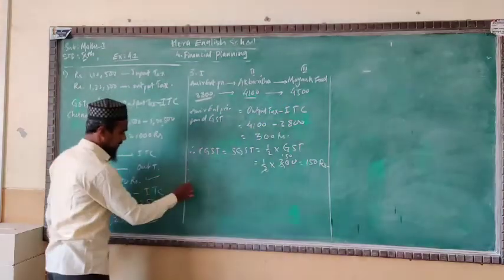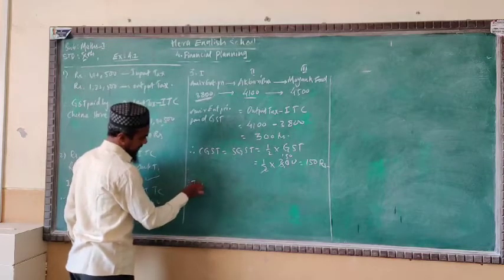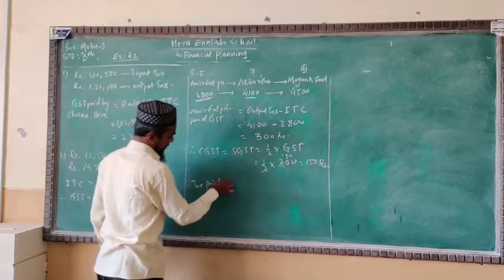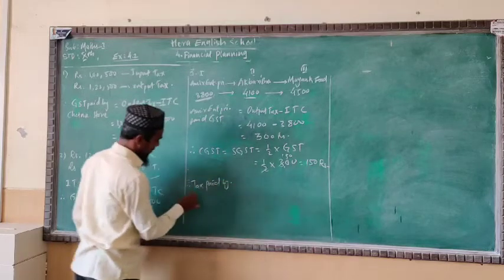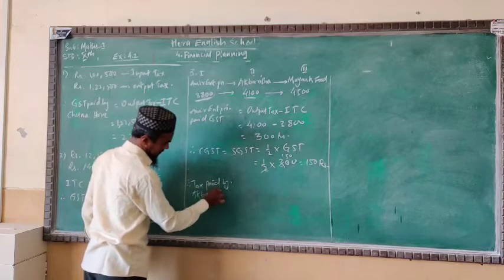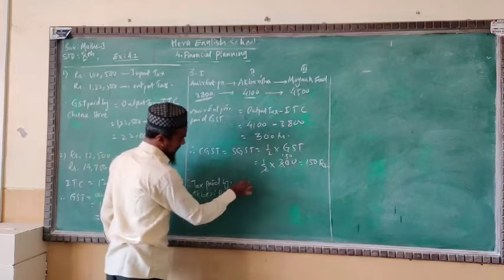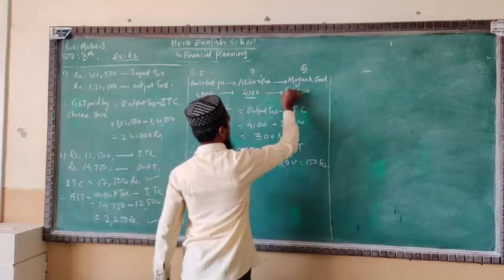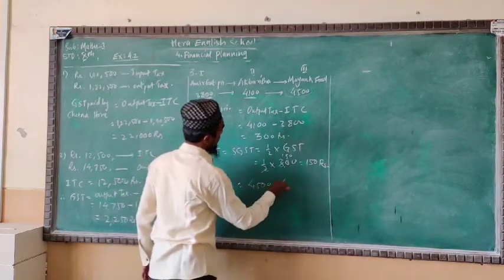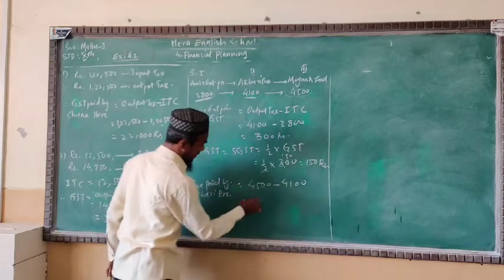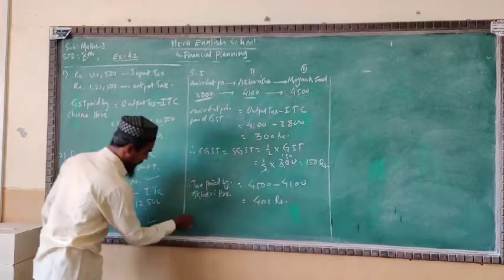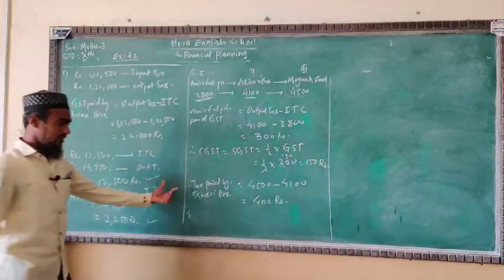So we'll write here the tax paid by which one? Akbari Brothers. The output tax for Akbari Brothers is 4,500 and input will be 4,100. You will get how much amount? 400 rupees. It is the tax. And now we have to bring the GST.